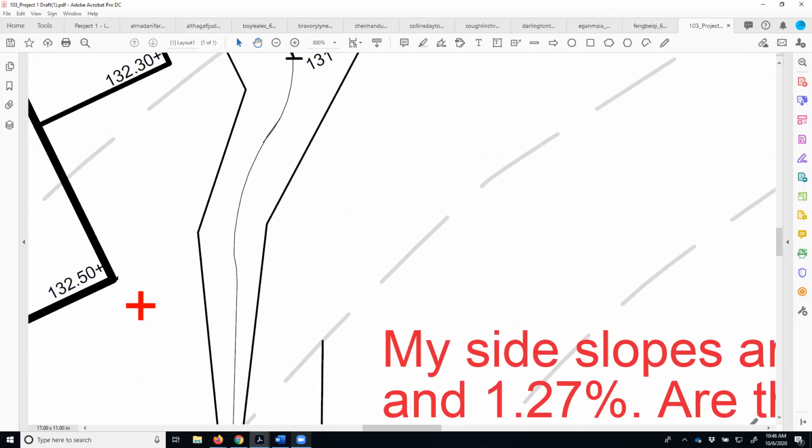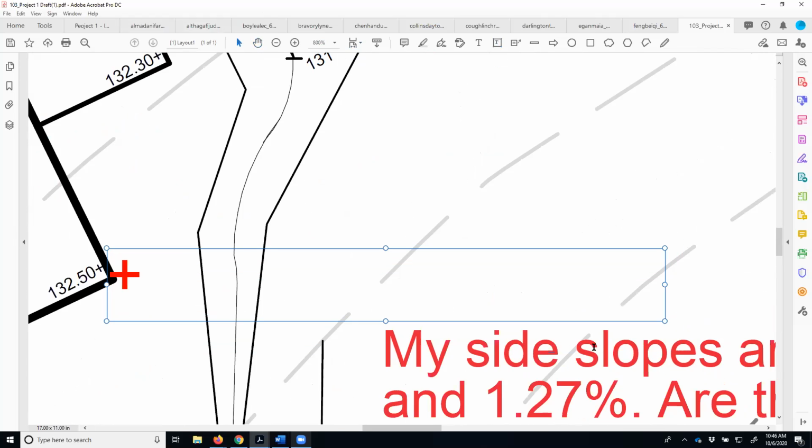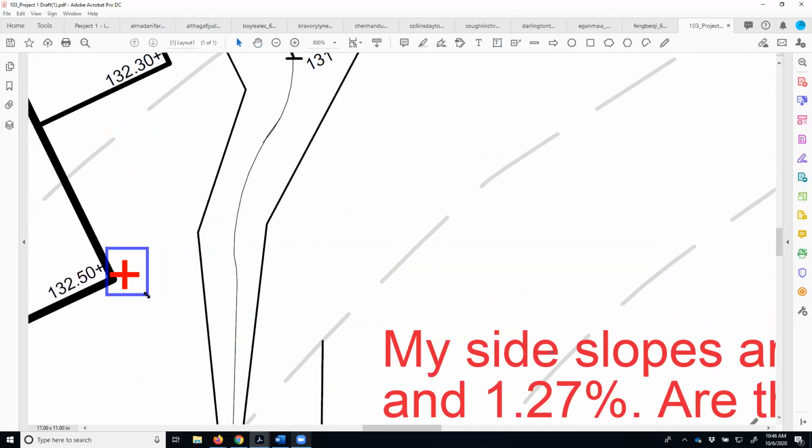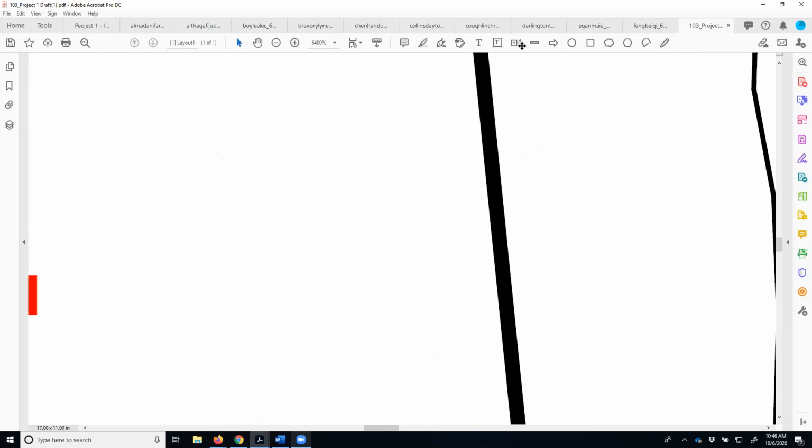So that plus mark, and mine is a little large, you'll forgive me for that, has to be not on the point but right here. That's where it goes. Again, mine is larger than it needs to be because that's what AutoCAD gives me as an option.